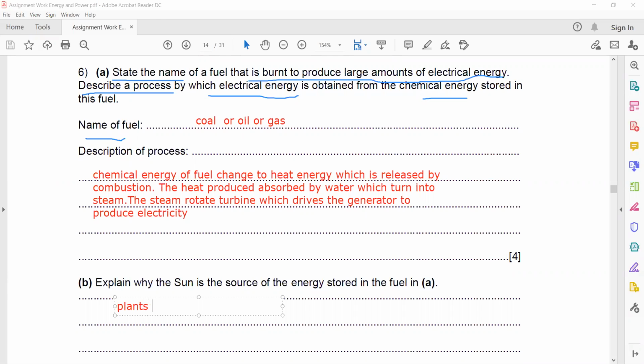So plants take energy from the sun when they grow, and decay under high pressure, changing to fossil fuel.